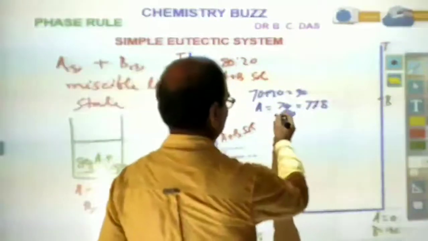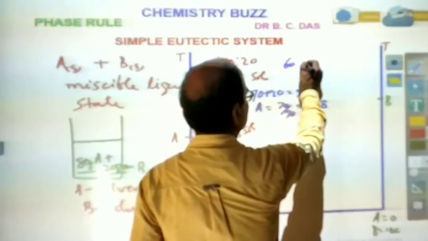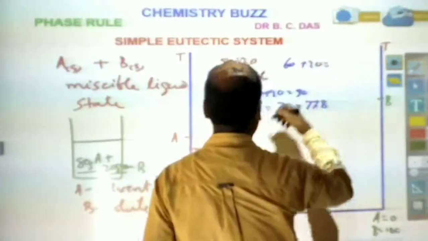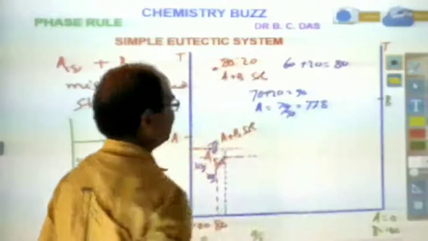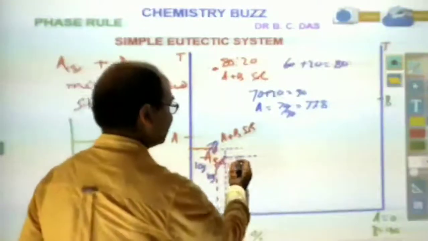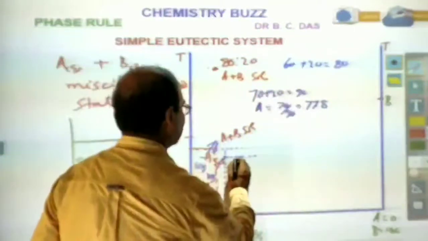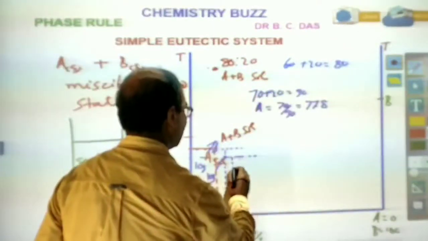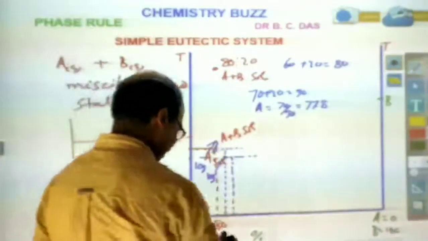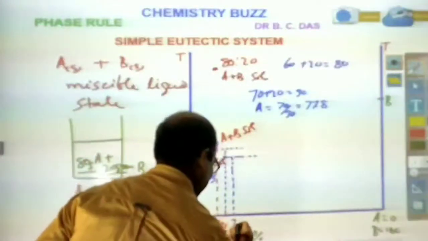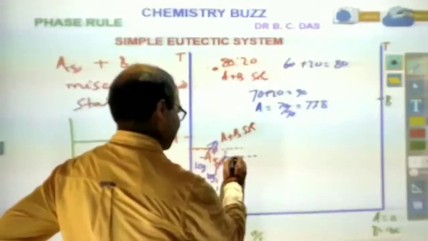That is, in the solution there is 60 gram of A plus 20 gram of B, since the amount of B remains the same. So the total mass of the solution is 80, and the percentage composition is 60 by 80, so it is 75% of A, somewhat here. The graph I am indicating is not to scale. So at this point, this is the composition.